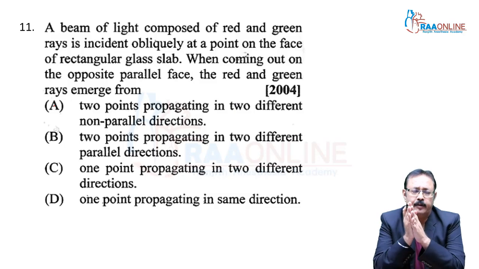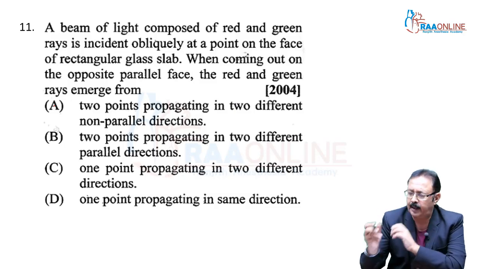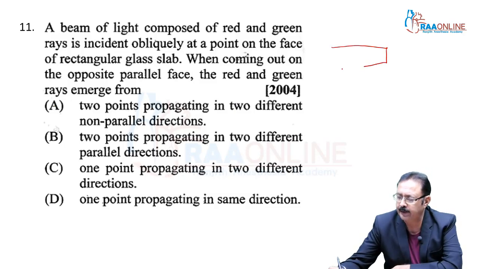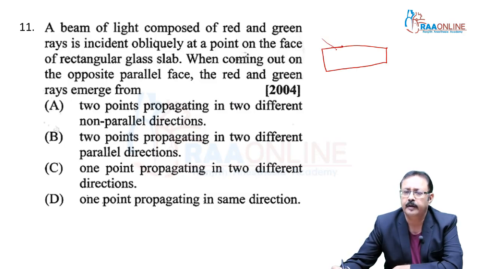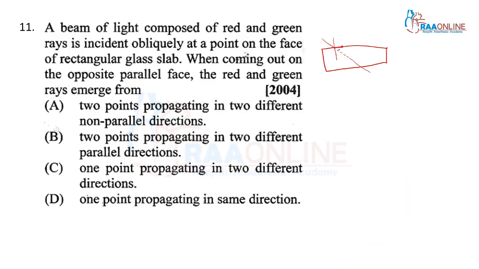Any ray, when passing through a glass slab, what is happening? From rarer to denser, it bends towards the normal, and from denser to rarer, away from the normal. It will go parallel to the incident ray. We have the proof in our 11th class, 12th class.